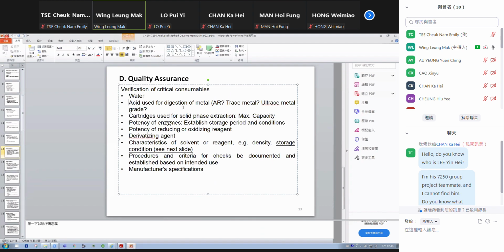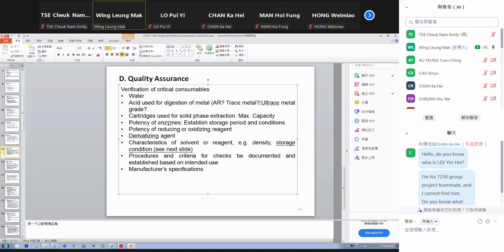For solvents used for dissection or digestion of the material, you have the analytical grade. If you do inorganic analysis, you will also have trace metal grade and ultra trace metal grade. Trace metal grades may contain some heavy metals at the ppb level.